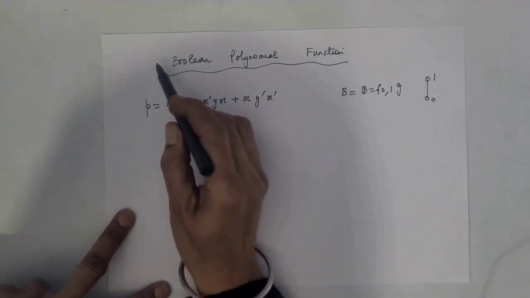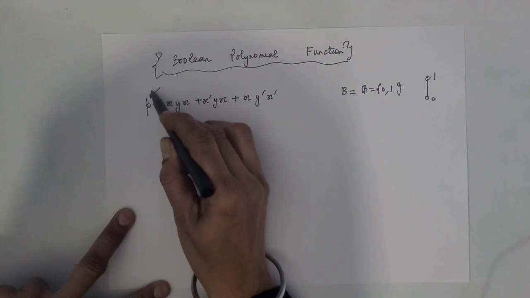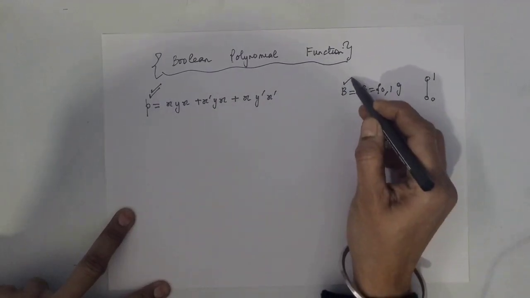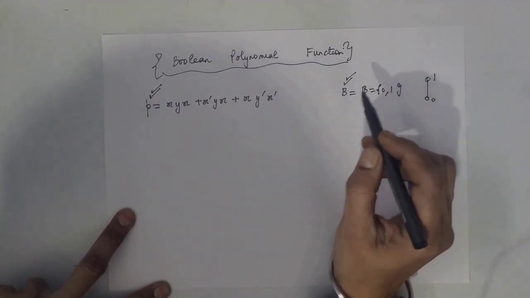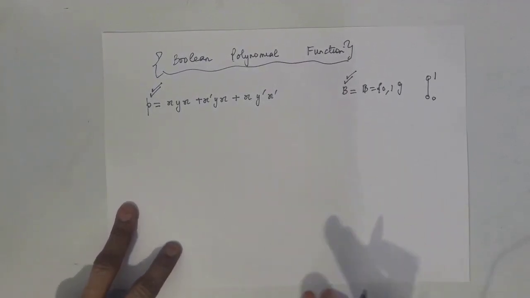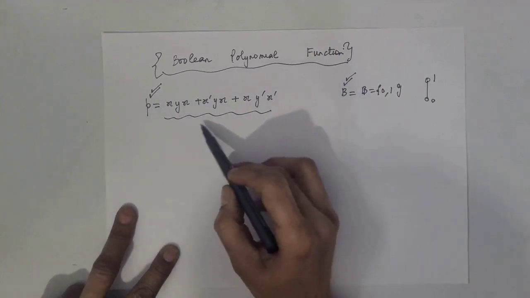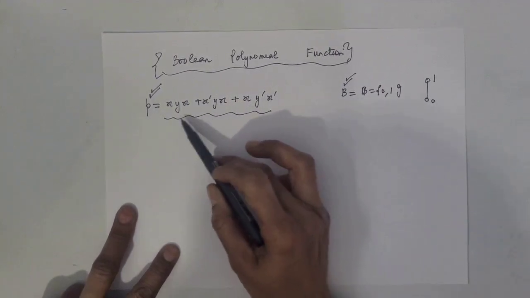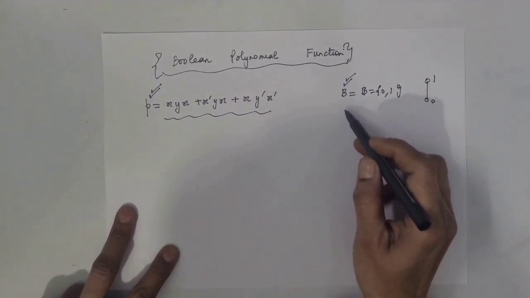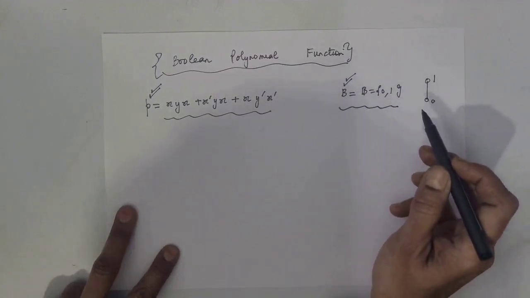One thing that you need is a Boolean polynomial, and the other thing that you need is a Boolean algebra. Now, to explain the whole concept with an example, I have taken my Boolean polynomial P to be this, which is a polynomial over two variables x and y, and I have taken my Boolean algebra B to be the simplest Boolean algebra consisting of two elements.